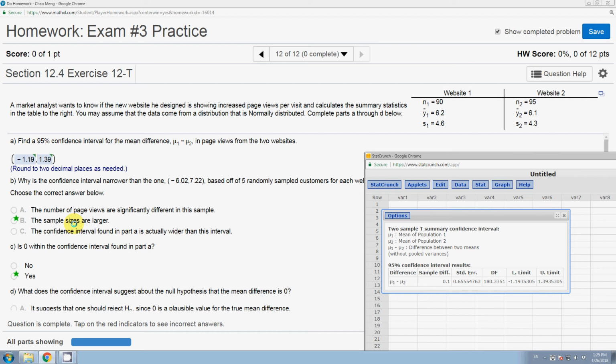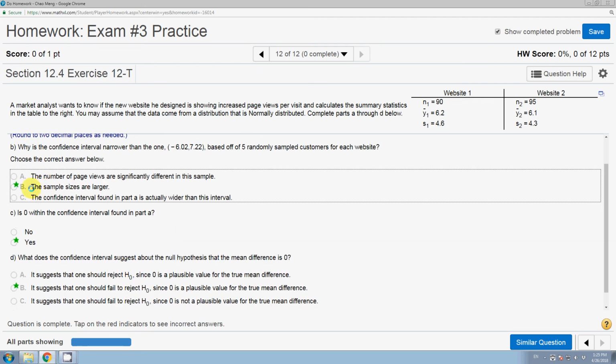If we review the expression in chapter 12, we know that with a larger sample size, the standard error would be smaller. That means the confidence interval will be narrower. So that's why the one we calculated is narrower than the one given in this question. That's the reason: the sample sizes are larger.